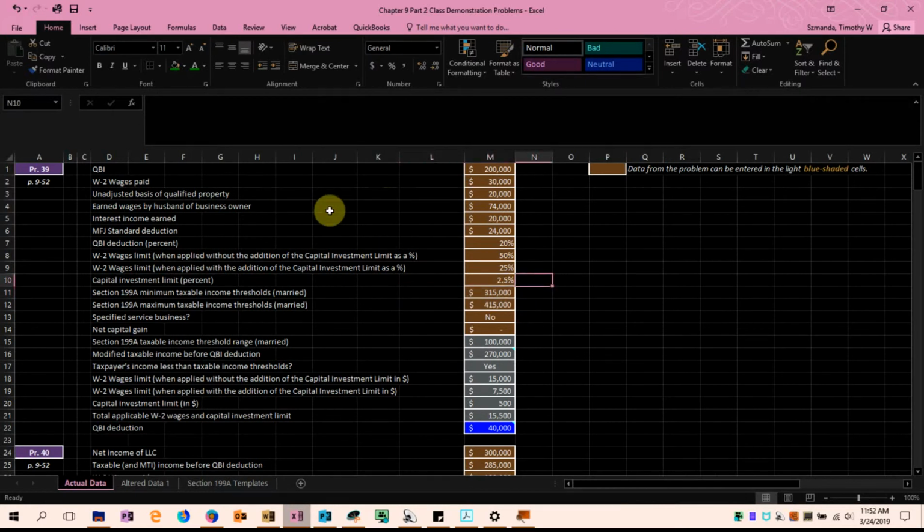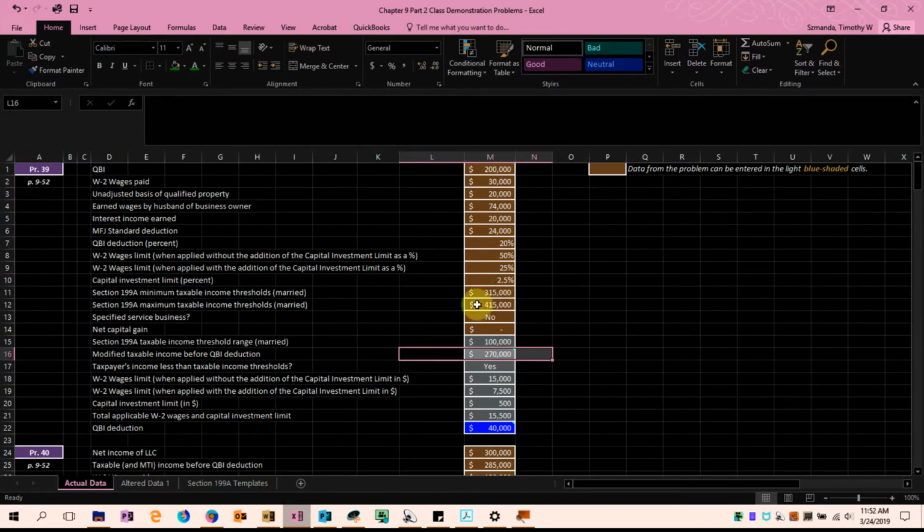However, in this case, the taxpayers have qualified business income as well as taxable income, which falls below the threshold. So they're at $270,000 for modified taxable income, and that's below $315,000.